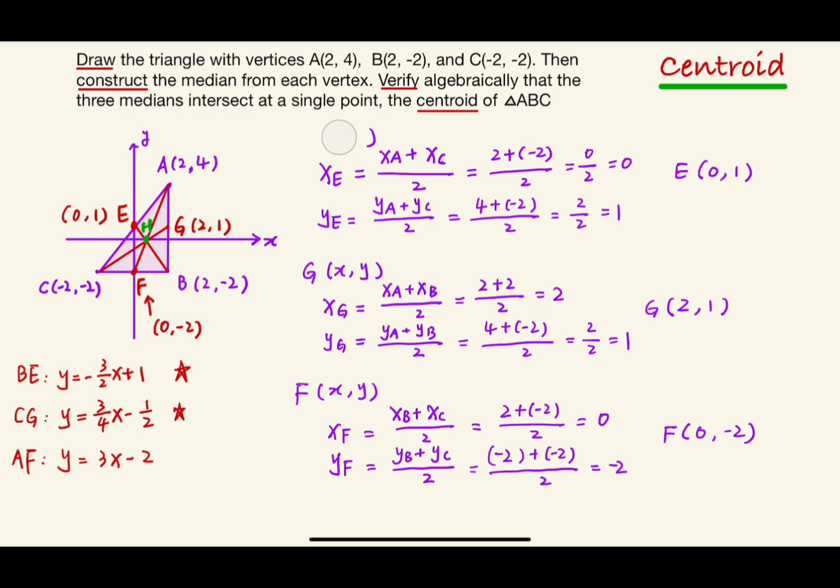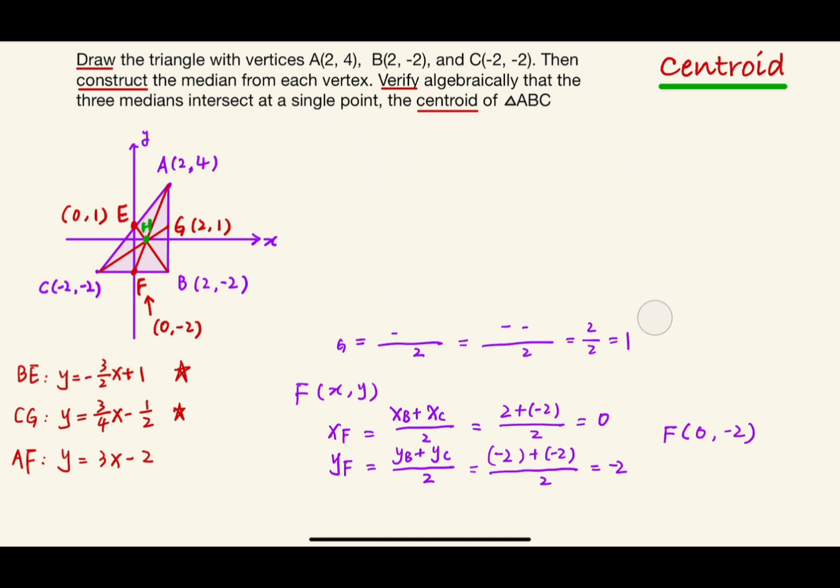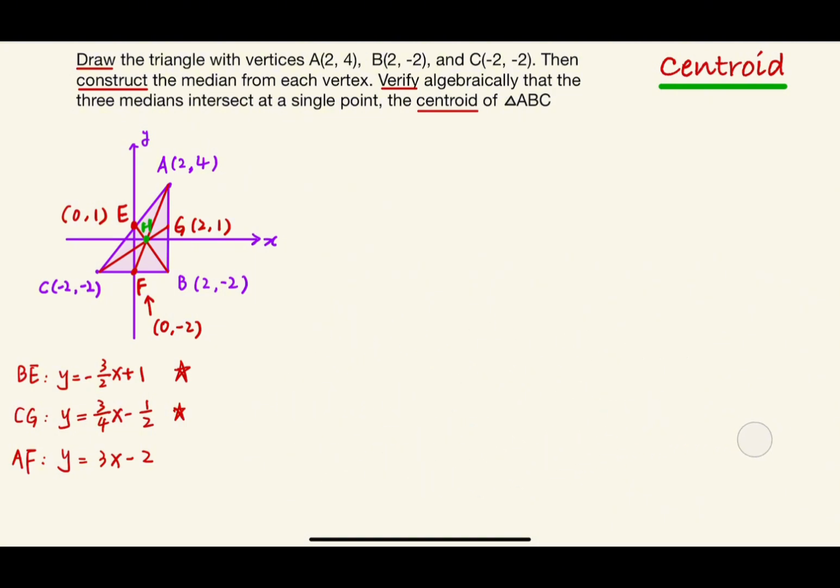First, we want to figure out the point of intersection, point H, between median BE and CG. We can make use of this line segment and this line segment, the common point.